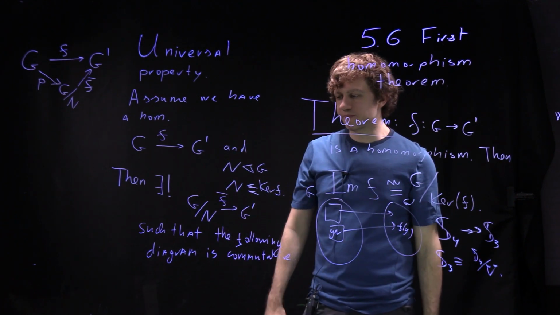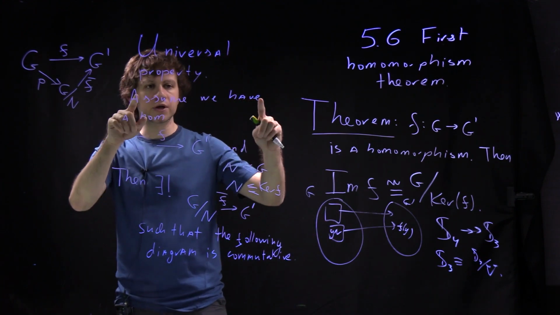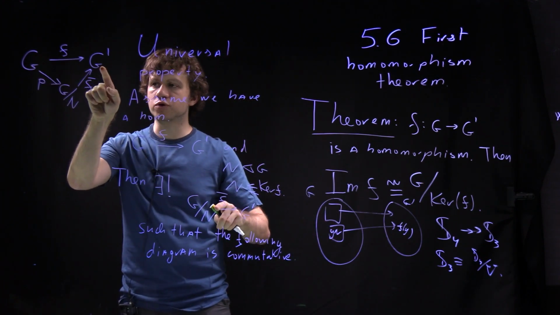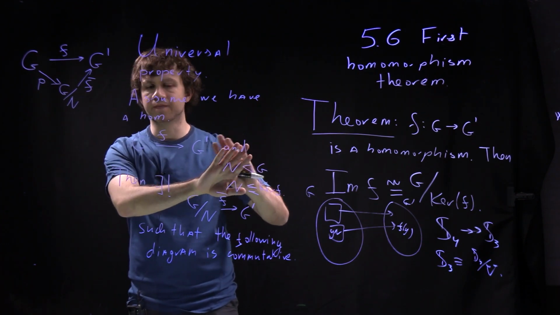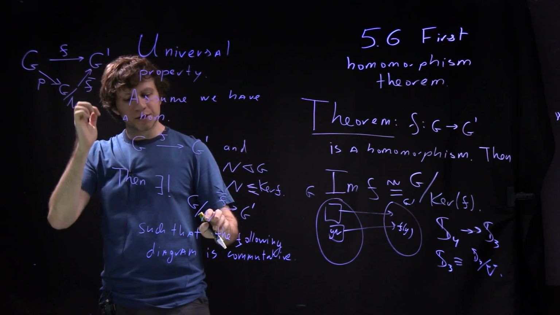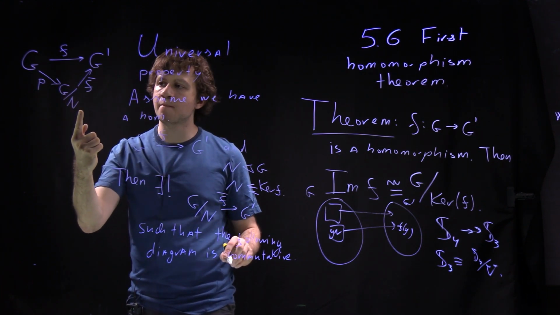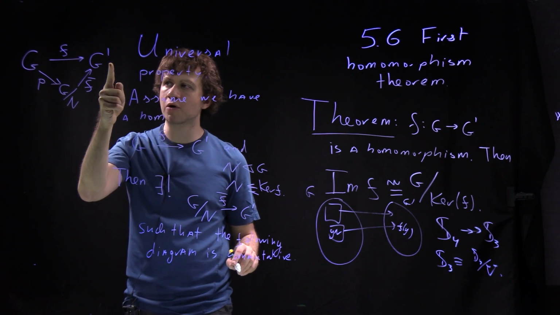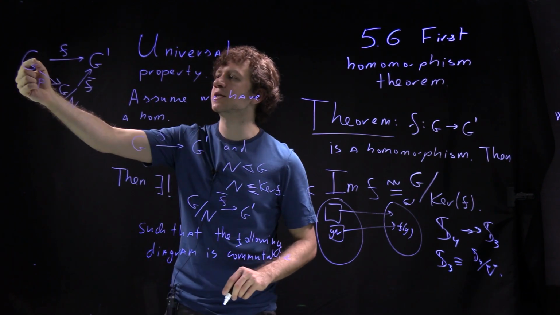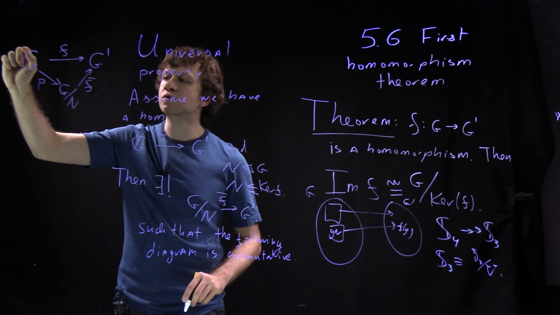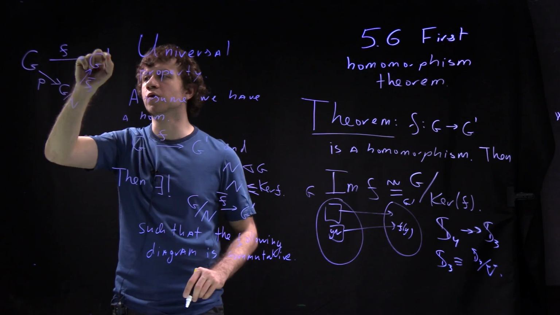Okay, what that means. First, let me explain the language again. We have a group G mapped to G prime, N is some subgroup of the kernel, normal in G. The statement is that we have a map from this factor group to G prime so that the diagram is commutative, and that means that if you take any element and use arrows as paths, you will get to the same place if you follow the arrows.